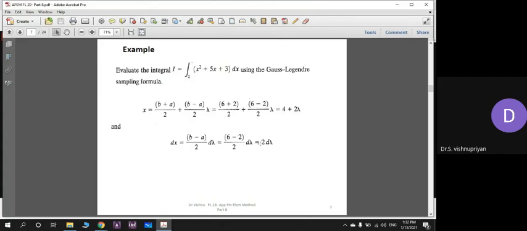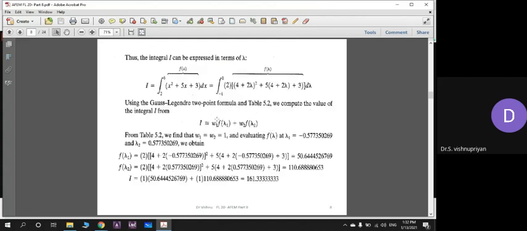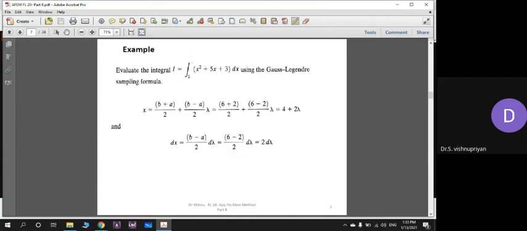Now we are going to this integral which is given and replace x with 4 plus 2 lambda and dx with 2 d lambda. So that is being done here. Wherever you have x, you replace with 4 plus 2 lambda. So this 2, I will explain why there is 2 here.